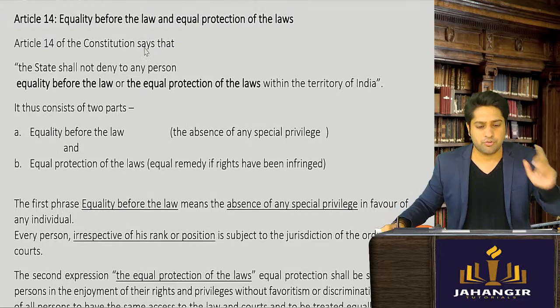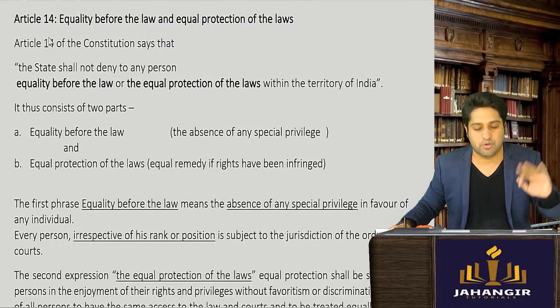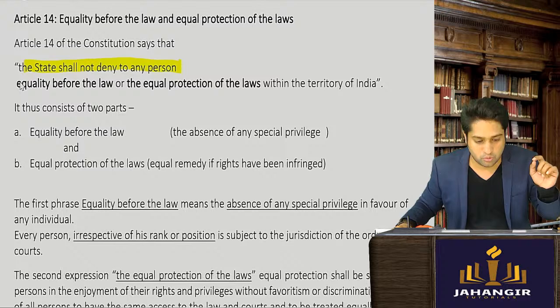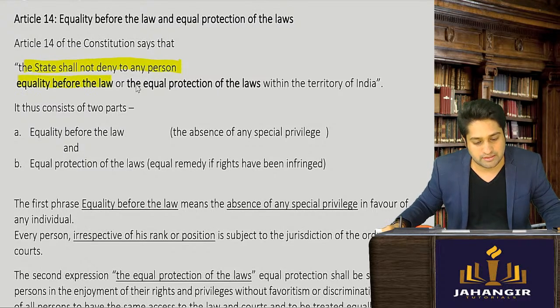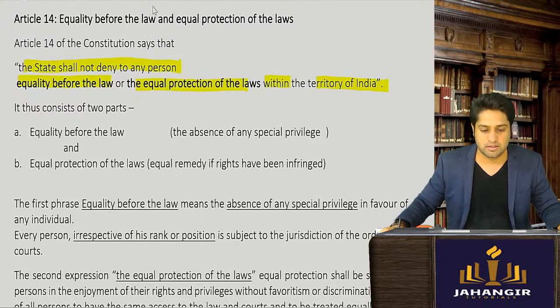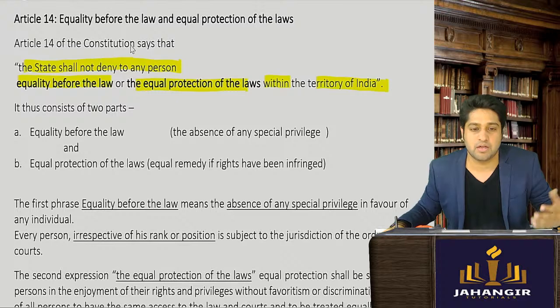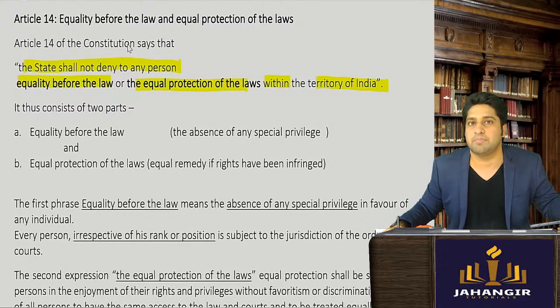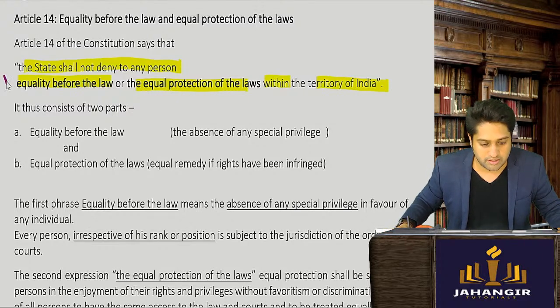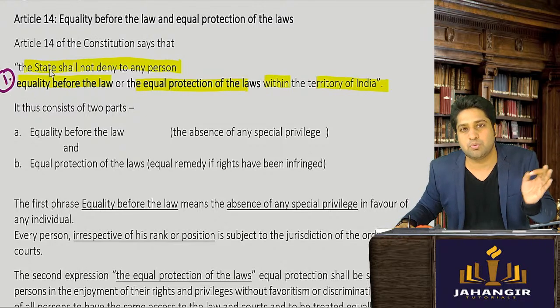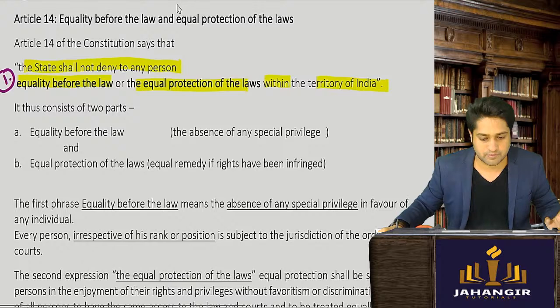Article 14 says the state shall not deny to any person equality before law and equal protection of laws within the territory of India. Let's break it down. The state, the government, will not deny to any person equality before law. What do you mean by equality before law?